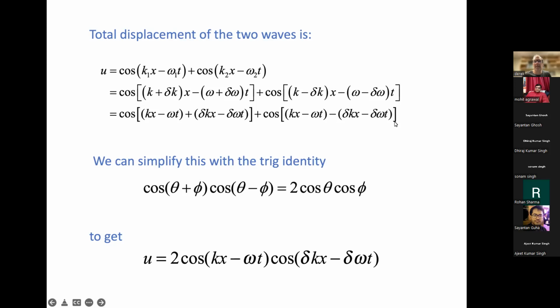And then we can simplify this with the trig identity of cosine of theta plus phi plus cosine of theta minus phi equals 2 cosine theta cosine phi. So that gives us the formula for u, our displacement, equals 2 cosine of k x minus omega t times cosine of dk x minus d omega t.